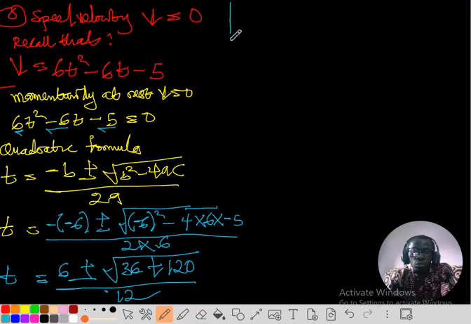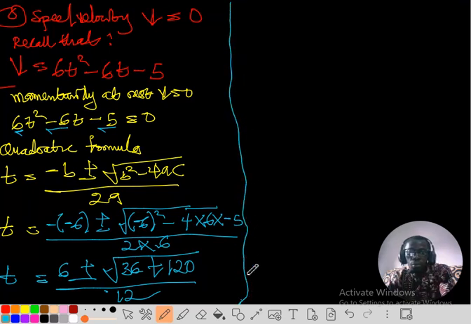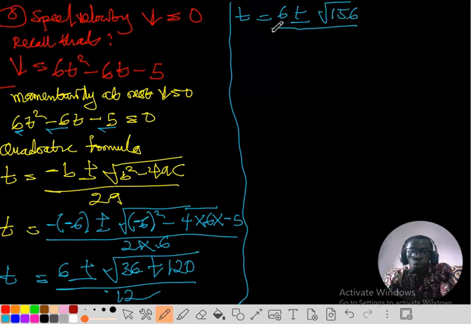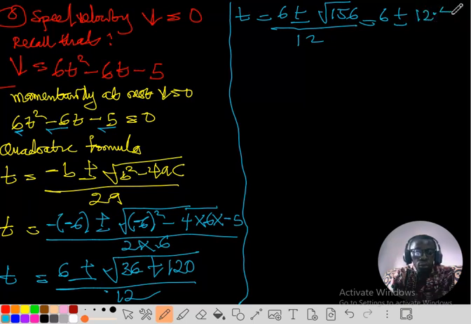So if you continue to simplify, you are going to have t equals 6 plus or minus the square root of 156, over 12. So what is the square root of 156? That is approximately 12.49, over 12. So this shows two possibilities here.